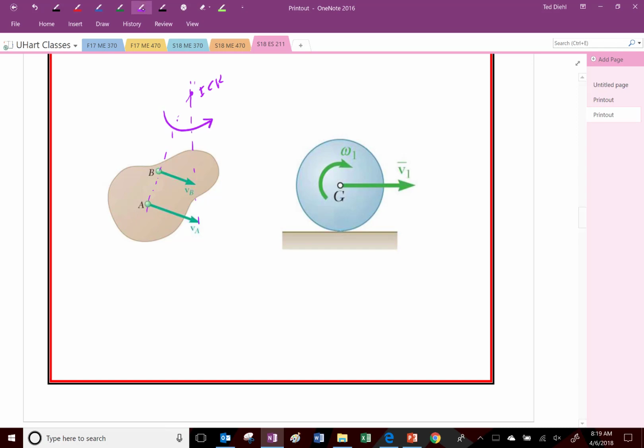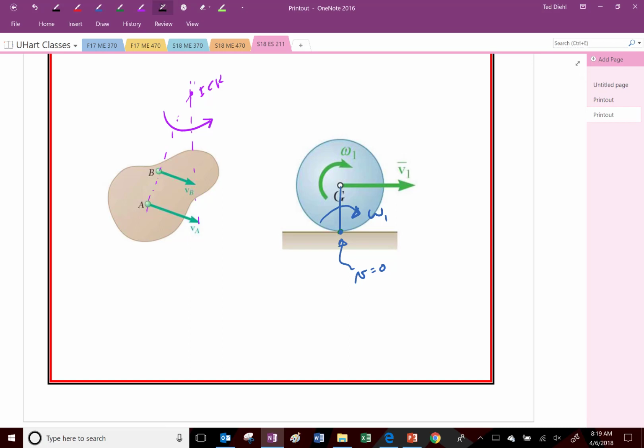Here's a special case where we have a wheel, and if it's not slipping, that means the ICR is going to be right here, where the velocity has to be 0, right? Because the ground doesn't move, and that wheel has to have the same velocity as the ground, otherwise they're slipping right here at that point. So therefore you have a rotation right here, omega, you can find, and of course we're calling it omega 1 there, so it's the same omega.